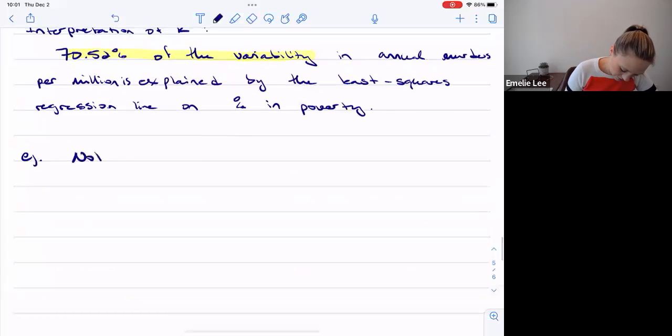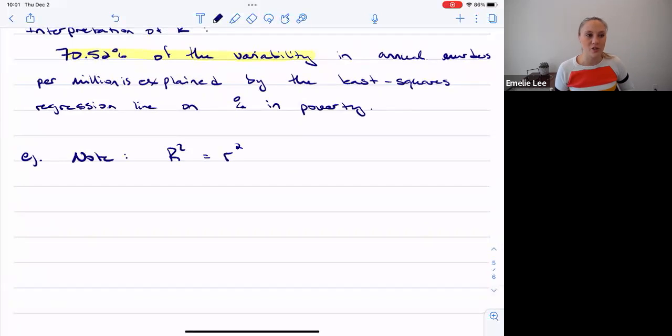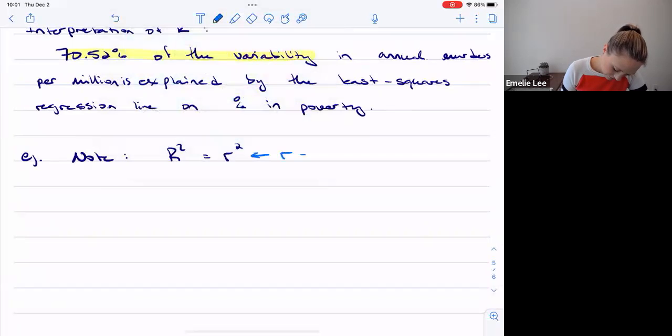And so what I'll make a note of here is that r squared is just the lowercase r squared, which is the correlation coefficient, but usually we just call it the correlation.